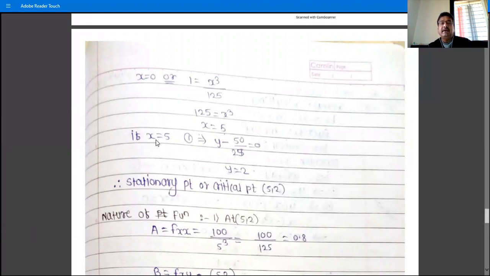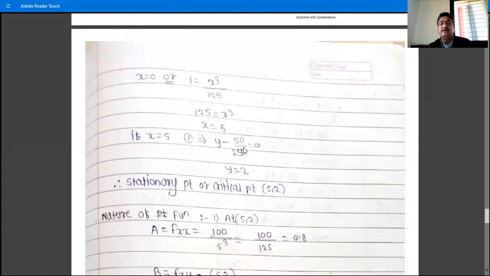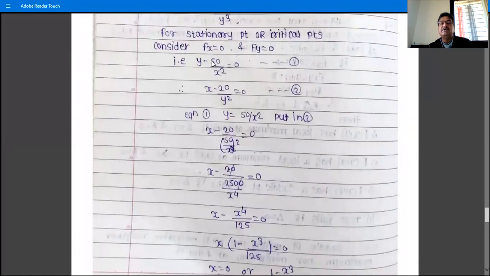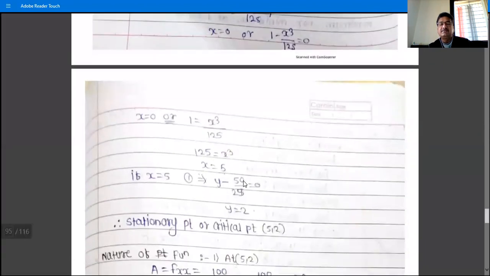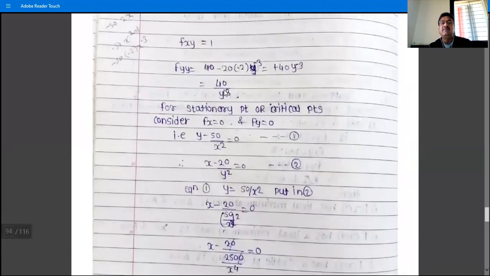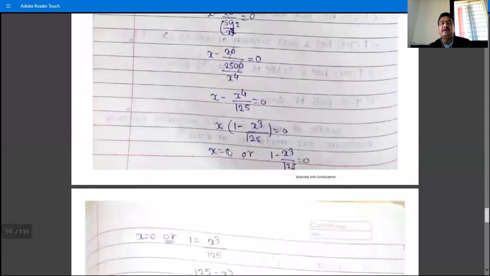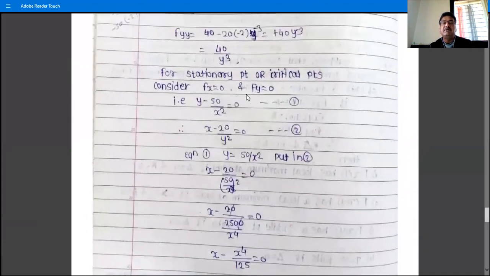And so if x is 5, then y is what? If you substitute x equal to 5 in equation 1 or 2, y is 50 by x square, that is 50 by 25, so y is 2.